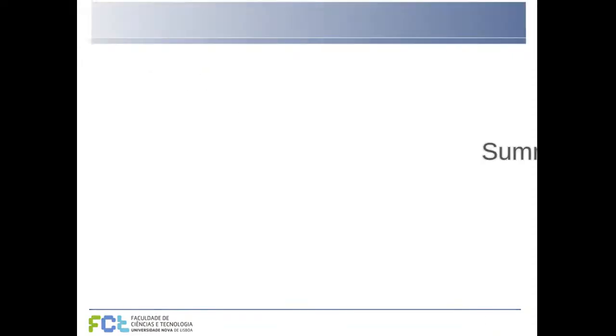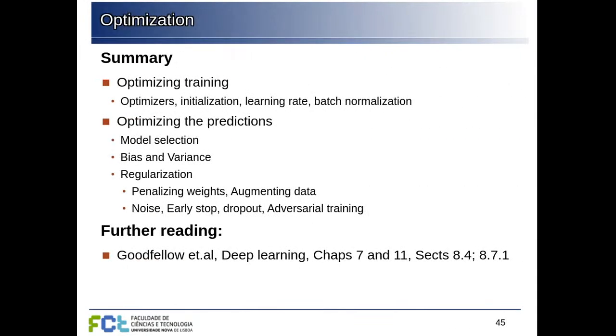Okay, so to sum up this part, we looked at optimizing in general, the optimizers that are actually fitting the parameters of the network, and also optimizing the way the network will work: the speed of the training, so using the right learning rate, batch normalization also speeds up training, and optimizing the predictions of the network, selecting the appropriate model, and selecting regularization to try to overcome overfitting, which in the case of deep learning is the most common problem.